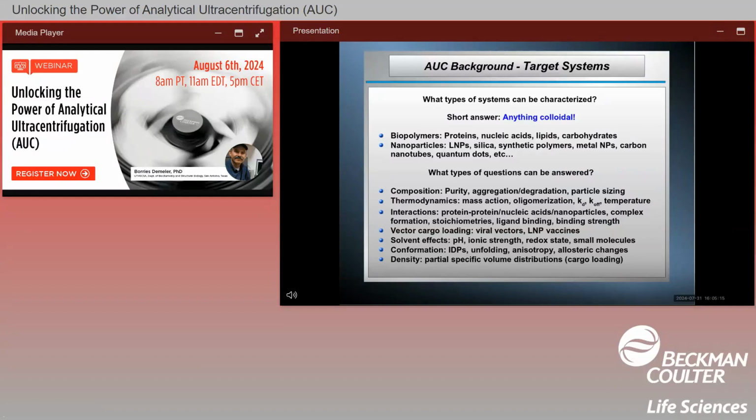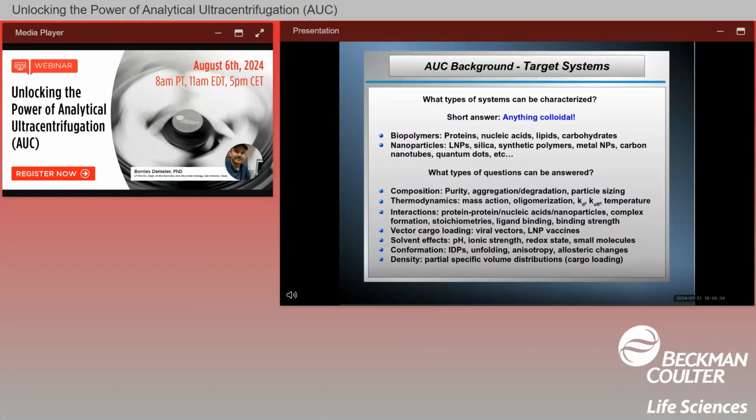We can then measure vector cargo loading as in viral vectors or lipid nanoparticle vaccines, and we can determine effects of changes in the solvent, such as pH, ionic strength, redox states, and small molecules.